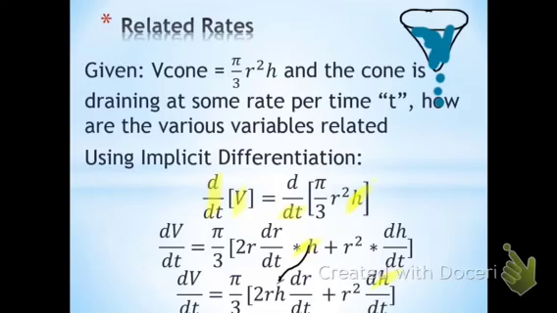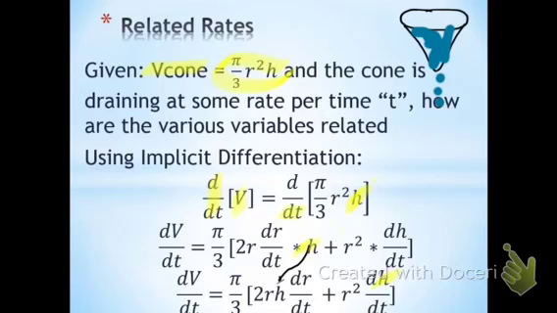And that is our expression. That is the derivative of this original equation with respect to time. Each piece has been derived with respect to time. Now at this point, it's not very useful because we don't know enough information.